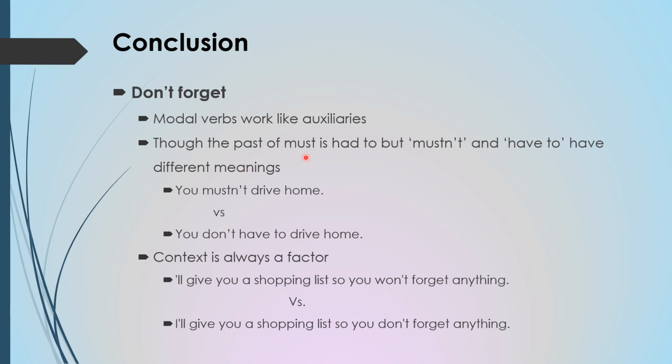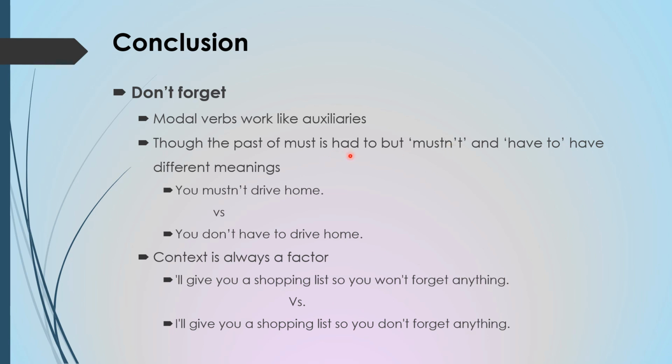Though the past of must is had to, must not and have to have different meanings. So as I say, that context is not only important but also an essential element in any language, especially in the English language. So you need to understand the context, because the context will give you different understanding, different comprehension.